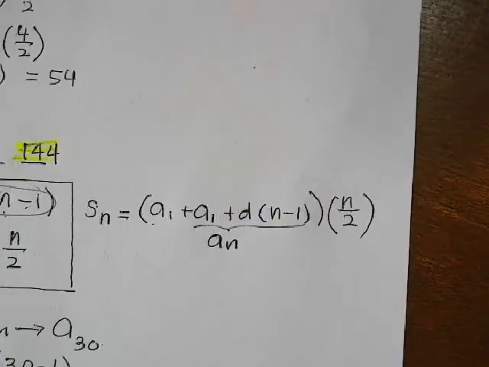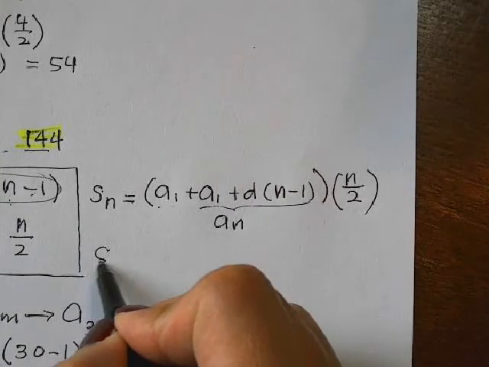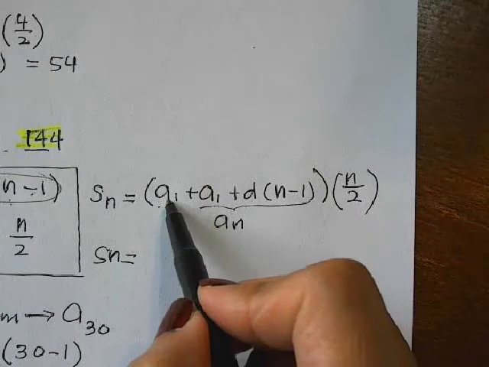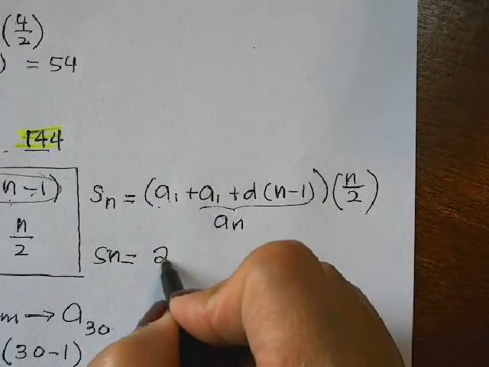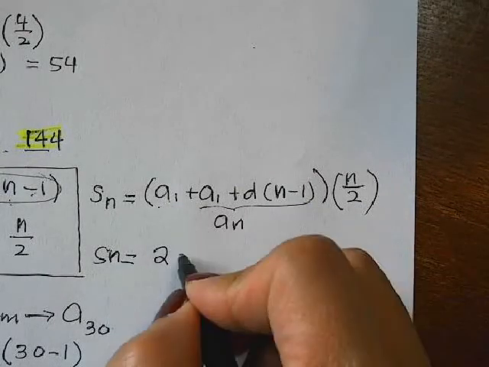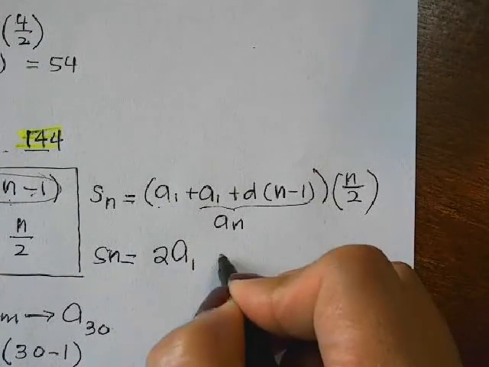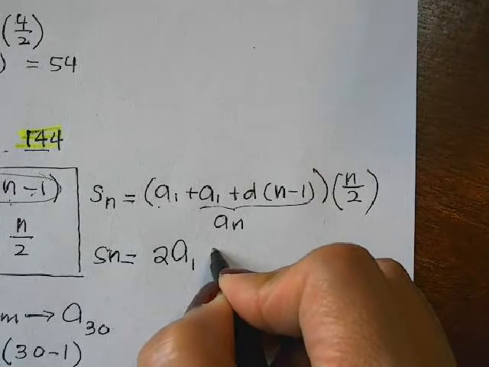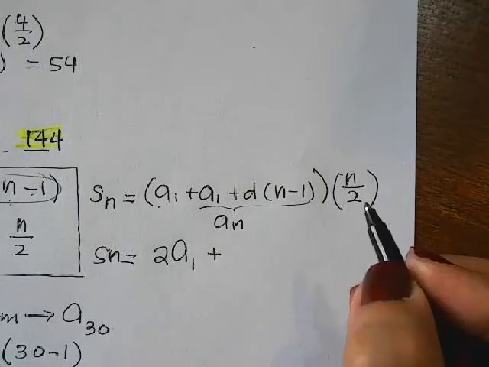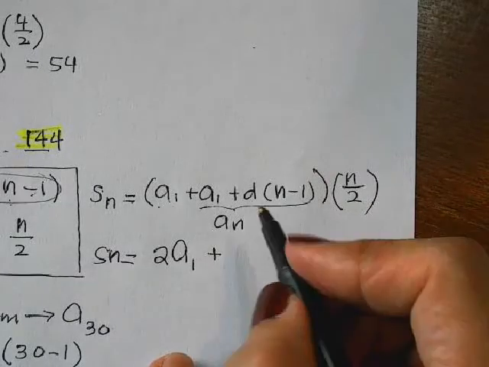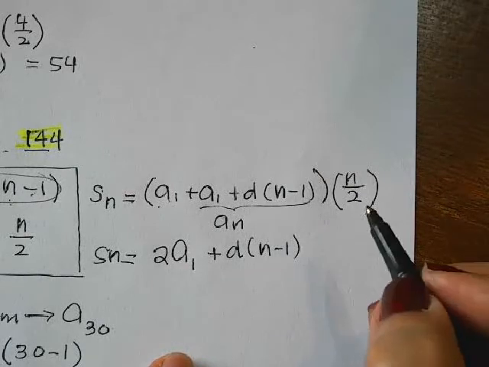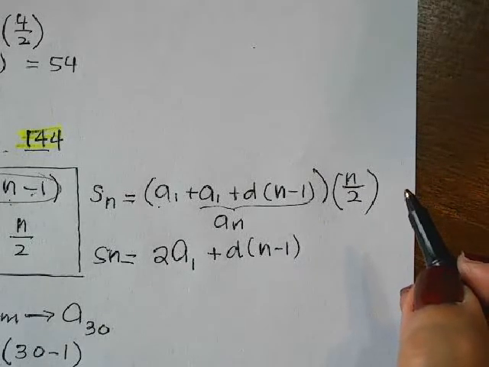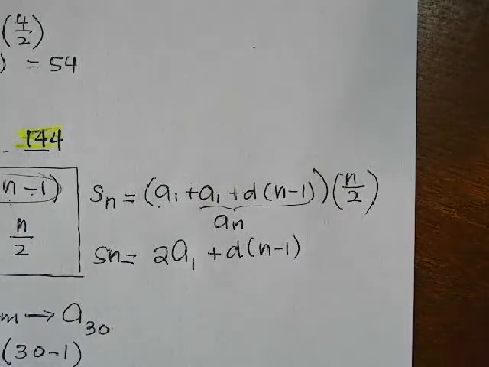Then let's simplify this formula. S sub n: a sub 1 plus a sub 1 is 2a sub 1, like x plus x is 2x. So 2a sub 1 plus d times n minus 1, multiplied by n over 2.